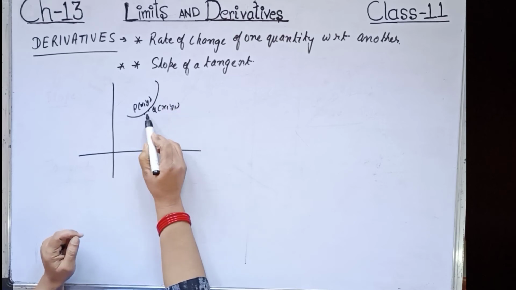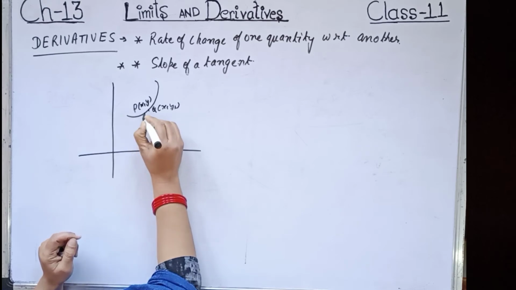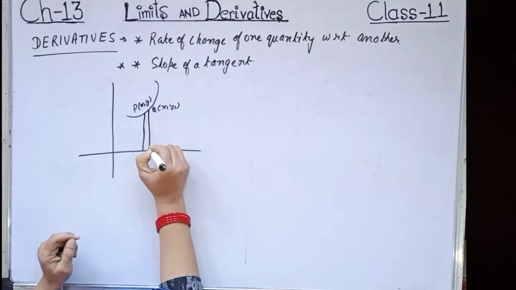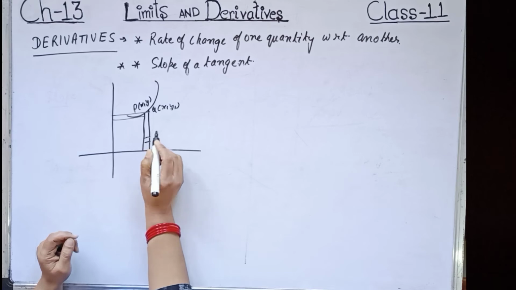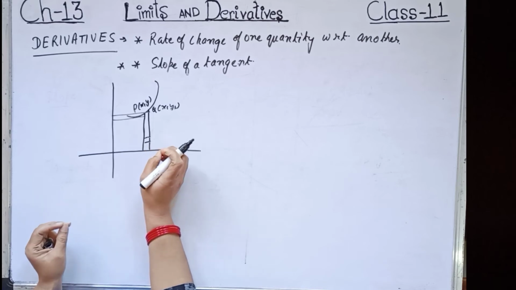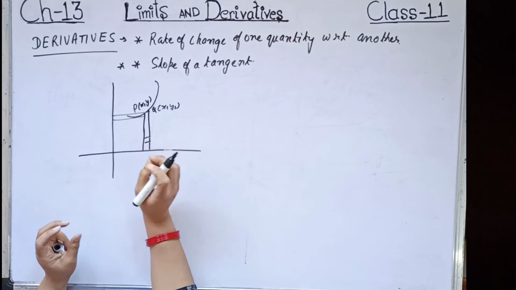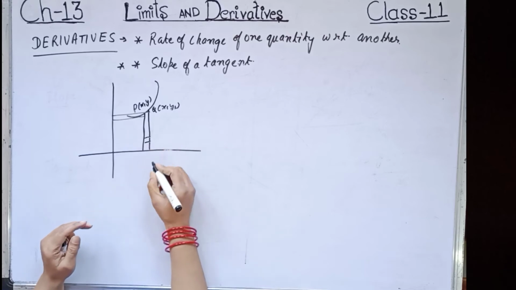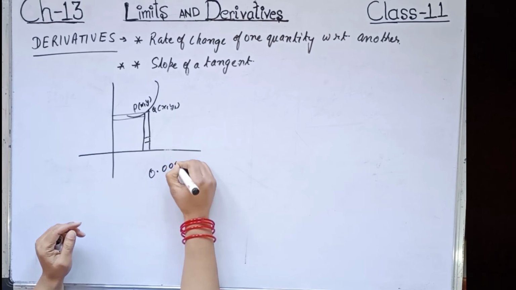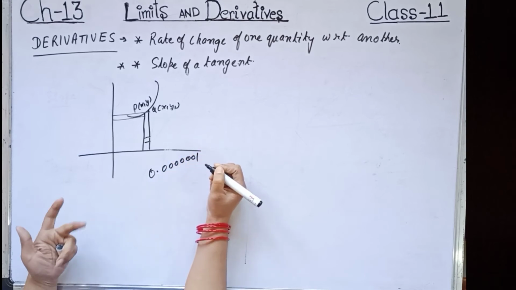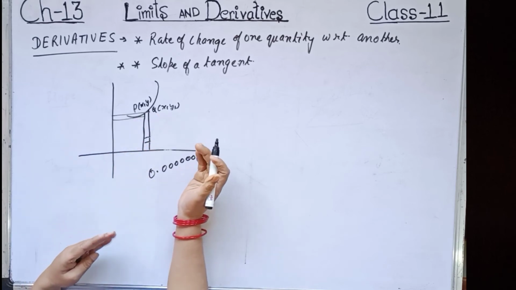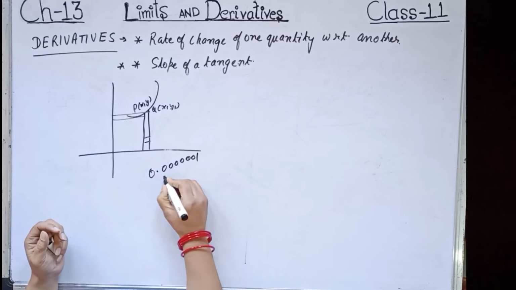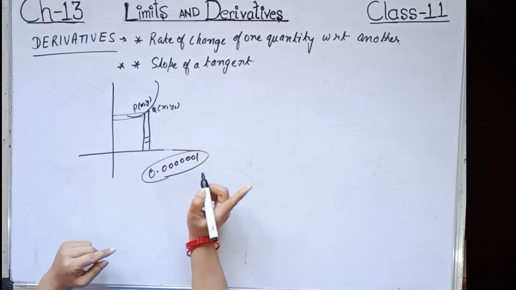This point Q is so close to P that the distance along the x-axis as well as along the y-axis we can consider to be infinitesimally small, almost zero. Suppose this distance is 0.000001. So the points P and Q are so close that the distance between them we can consider as tending to 0.